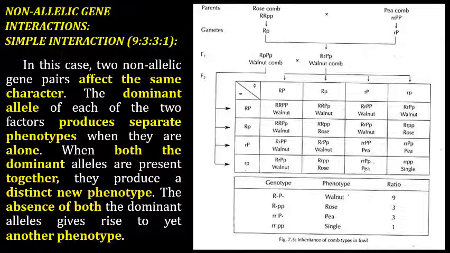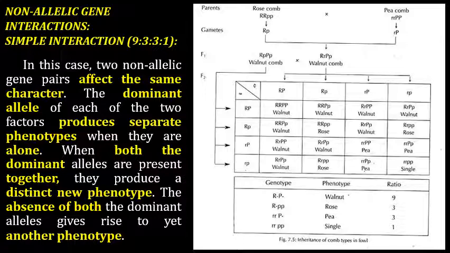The absence of both the dominant alleles gives rise to yet another phenotype. Here we take the example of inheritance of comb types in the fowl, in which we take two parents, one having rose comb and another having pea comb.